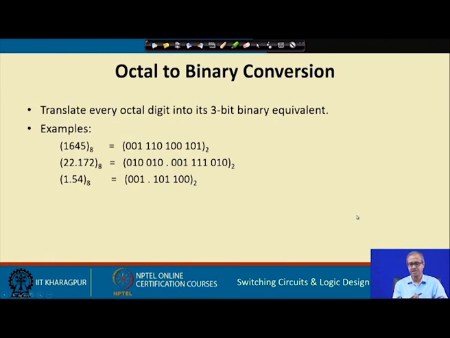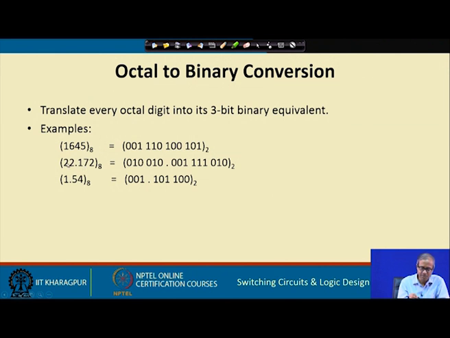Now, octal to binary is even simpler. You take an octal number and each octal digit is replaced by its 3-bit binary equivalent. Like 1645: replace 1 by 001, 6 by 110, 4 by 100, 5 by 101.